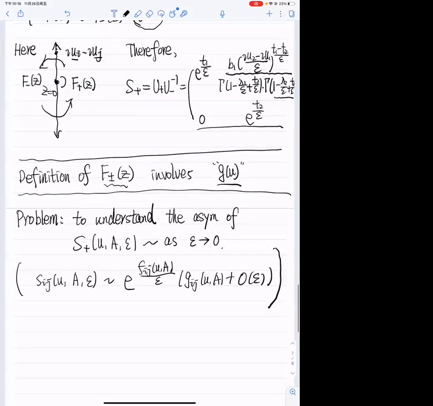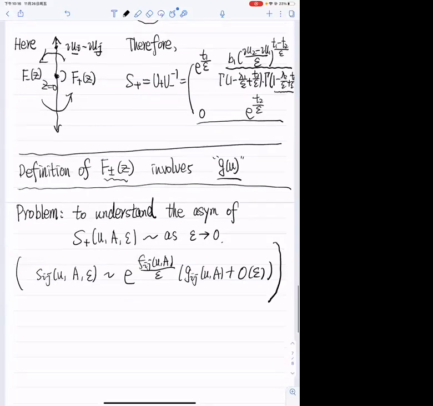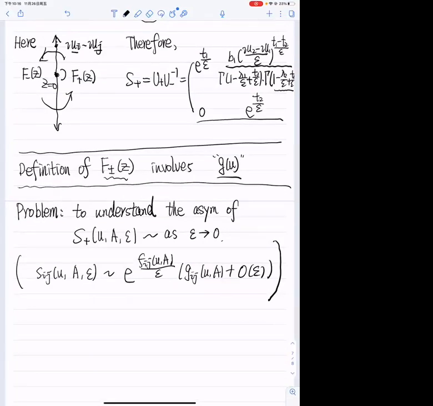There is some algebraic geometry framework, but my question here is to understand the asymptotics of each entry of the Stokes matrix as epsilon goes to 0. This is not an easy question. For example, let's check the 2x2 case.